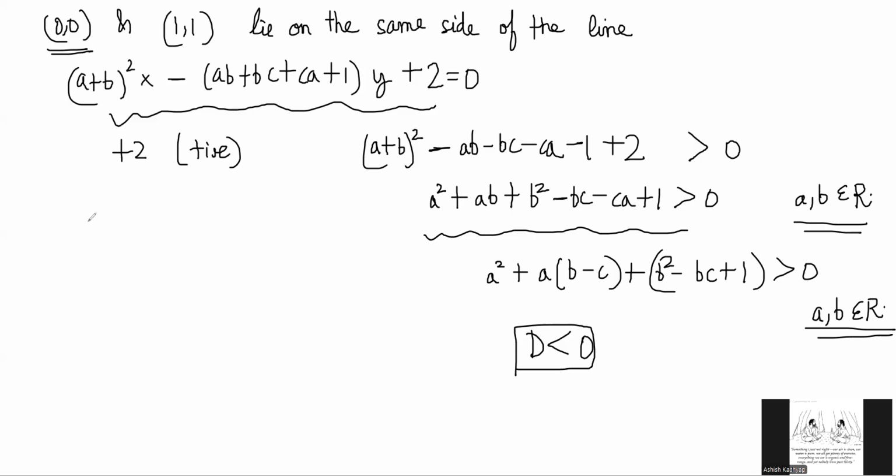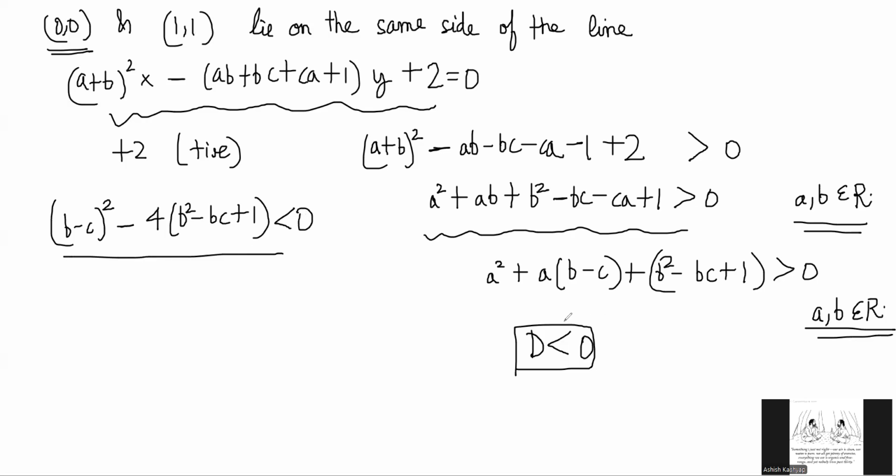So the discriminant, if you calculate, comes out as (b minus c) whole square minus 4 times (b square minus bc plus 1), which is less than 0. Why does the discriminant have to be less than 0? Because the quadratic will be above 0 only if it doesn't have any real roots, right? So we have this equation now.